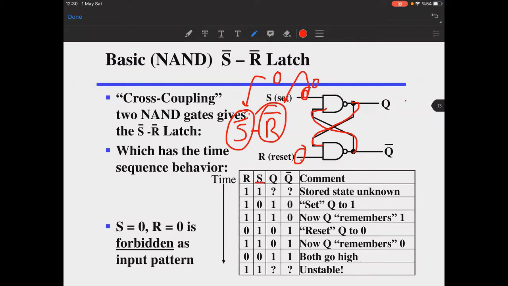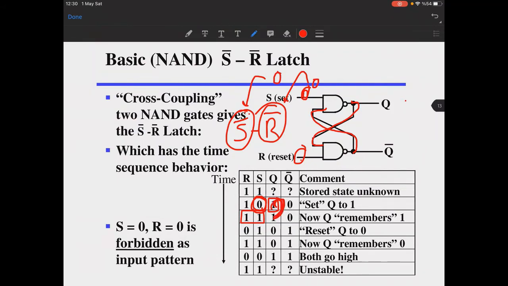Now, if you have both of them 1, it means that you're either not setting or not resetting because you don't know anything. But if you set it here like this, look at this. If you set it here, it is set, Q is set to 1. And if both of them are not selected, now it's remembering this.